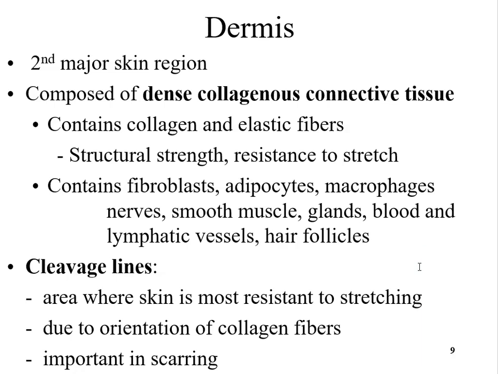This is important for scarring during surgery, because cutting with these cleavage lines in the same direction will result in much less scarring, because it disrupts fewer fibers. Overstretching these collagen fibers leads to stretch marks. It's a form of internal scarring.